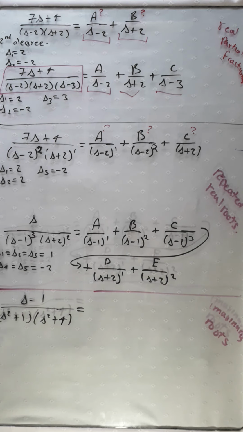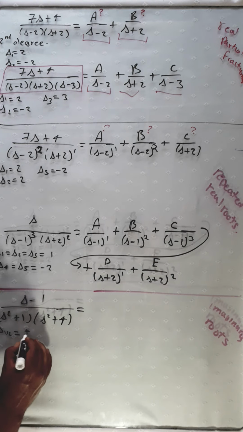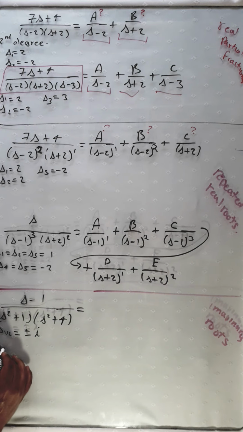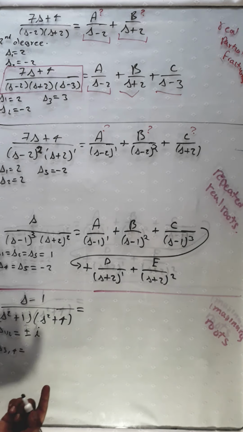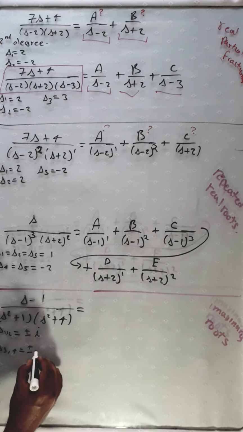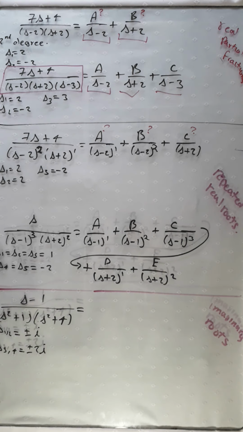Okay, what about when you have imaginary roots, which is this case, (s minus 1) over (s squared plus 1) times (s squared plus 4). Here s1 and s2 are equal to plus minus i, and s3 and s4, because it is 4th degree, so you will have 4 roots, are going to be plus minus 2i. But here the roots are imaginary.